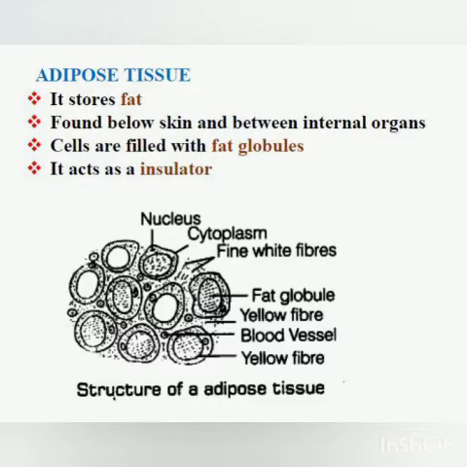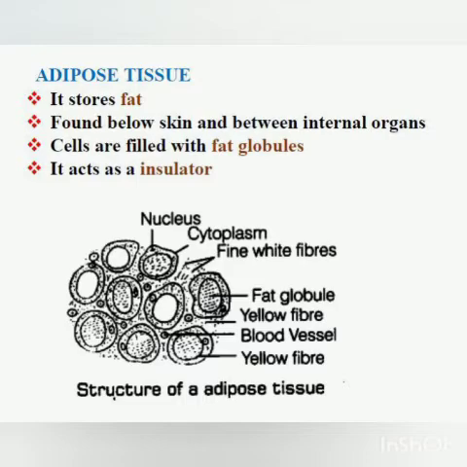It doesn't allow the body to lose heat. I hope it is clear to all of you. You can see the picture also. Okay, here you can see the fat globule. Can you see, children? Just see here, cells. You can see one big cell, and inside it fat globule is written. Inside the cell, fat globule is written. So they contain fat globule, and it also has certain fibers.